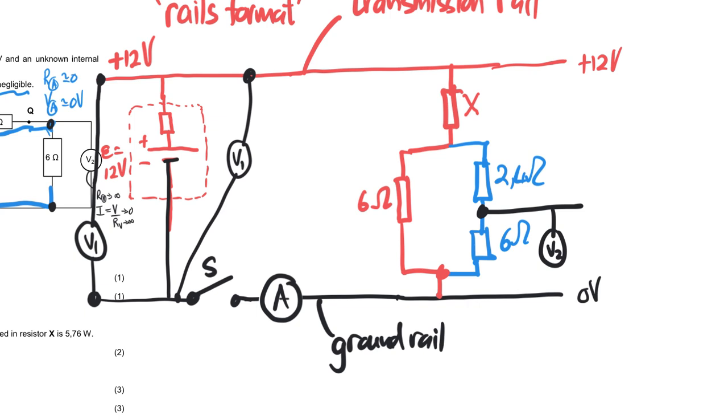But if you look between there and there, there's no volt drop because that conductor doesn't have a resistance. So the nice thing about the Rails format is that it really explicitly shows us, and makes it very easy for us to see, what the volt drop is across the different resistors.